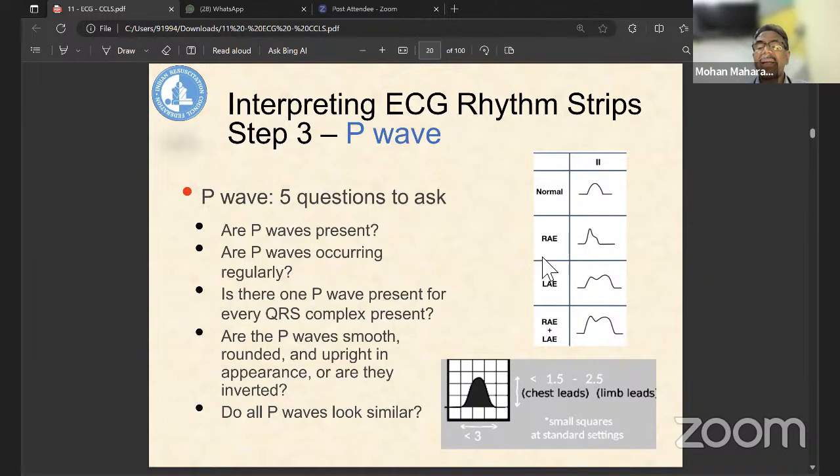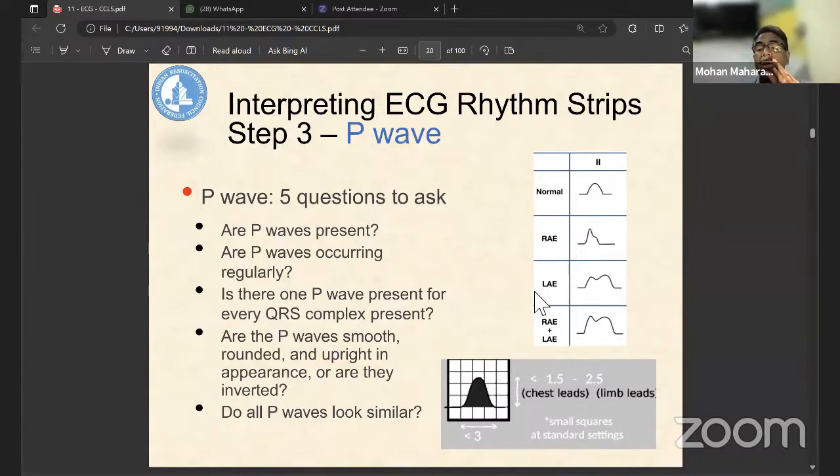And in right atrial enlargement, what happens? Both right and left atrium are there. The right atrium is a little bigger, so when the right atrium contracts, there is a bigger P wave. When the right atrium comes first, the first wave is up and peaked, which is going to be this one.